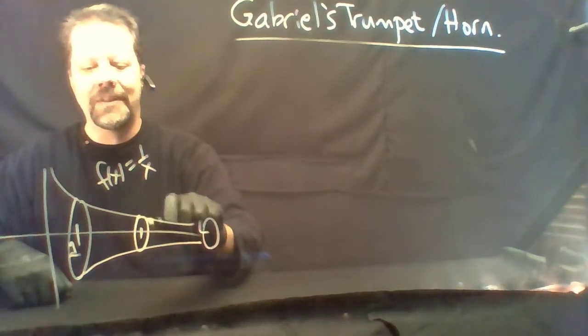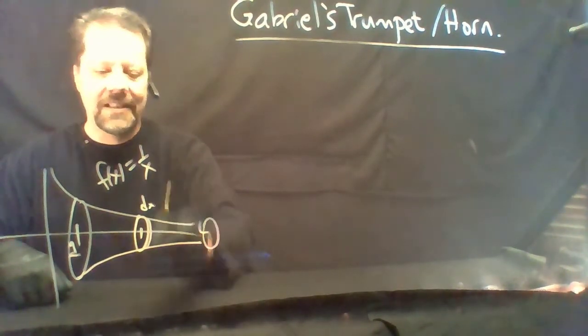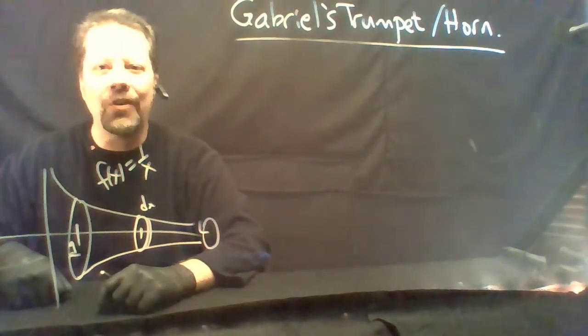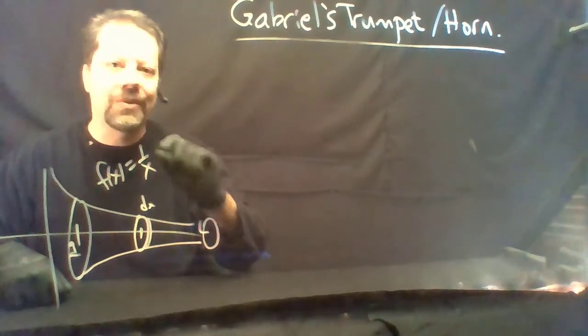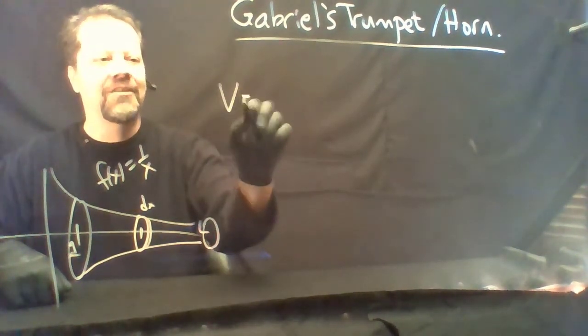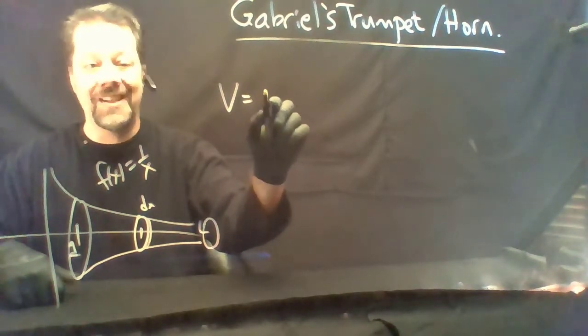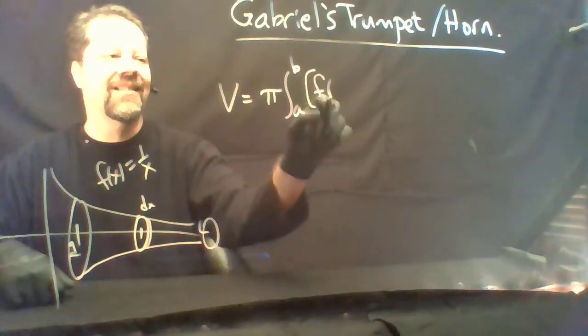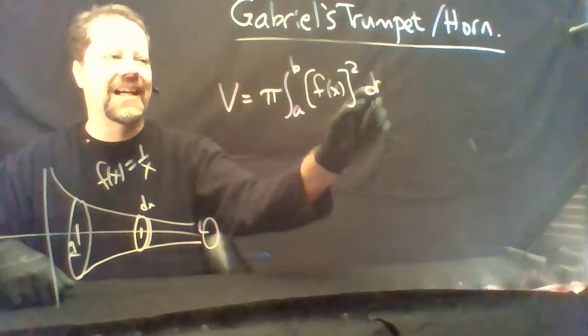In this case, we'll take little thin discs, use the method of discs to calculate the volume required to fill Gabriel's horn full of gold. Remember the formula for volumes with discs is pi integral from a to b of f of x squared dx.